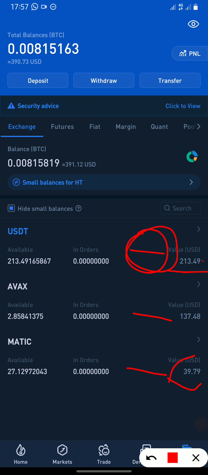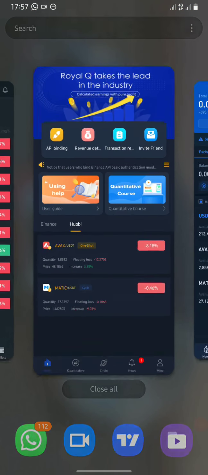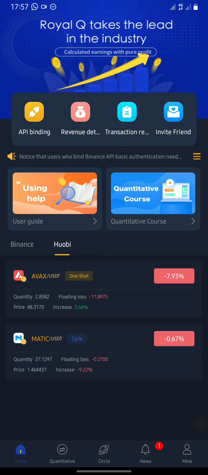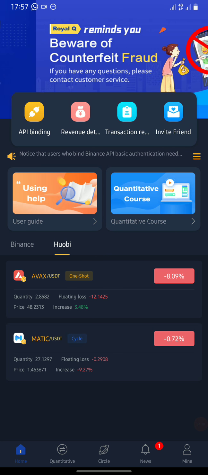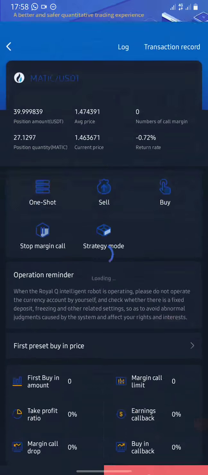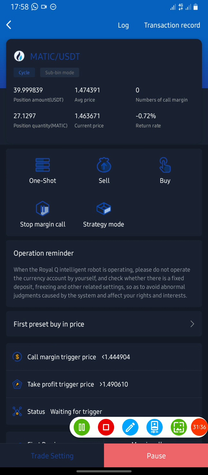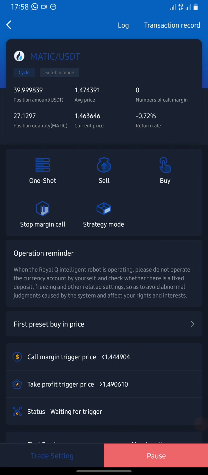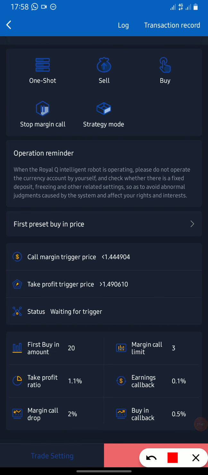It actually bought 40 for me, because a lot of people will say I'm trading with $200 and I'm making little profit and this and that. It might be that your coin is pumping and it's only trading with your entry price alone. If it is pumping now, let's say the value of this Matic is not going down, just going up, down, up, down, it will only be buying with my first buying amount.